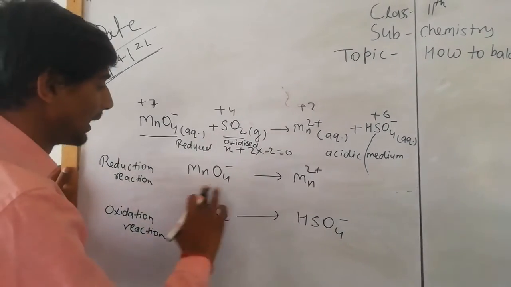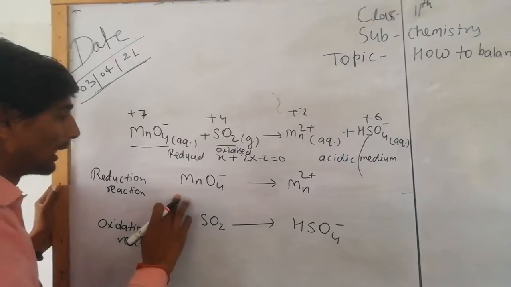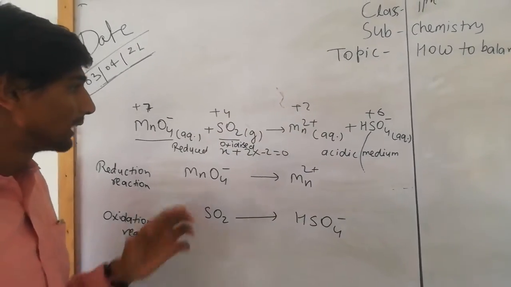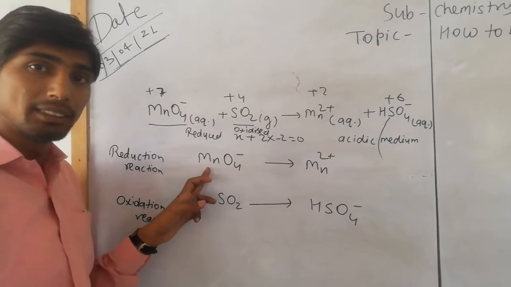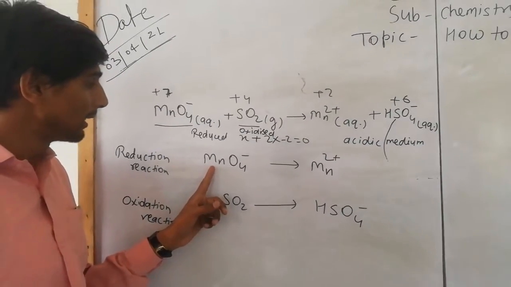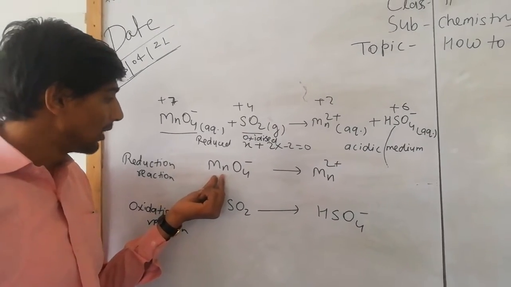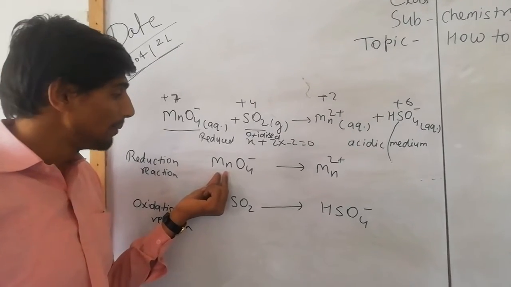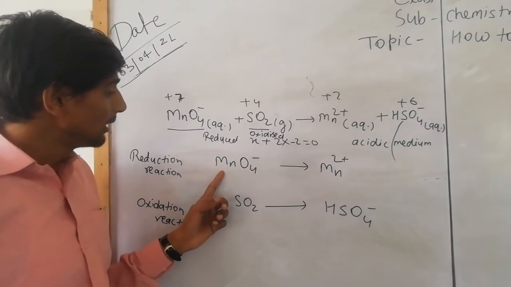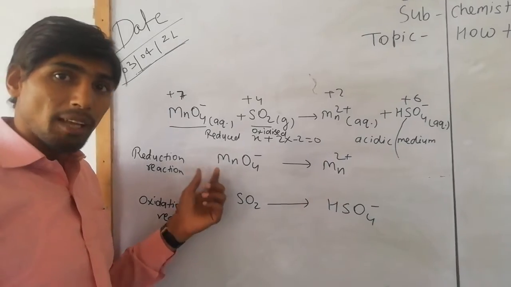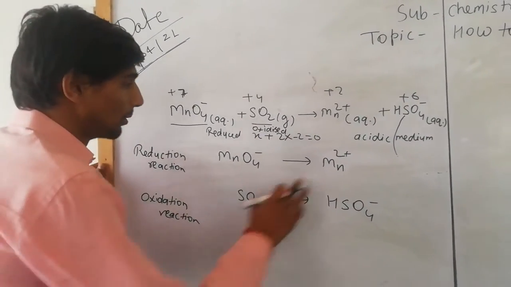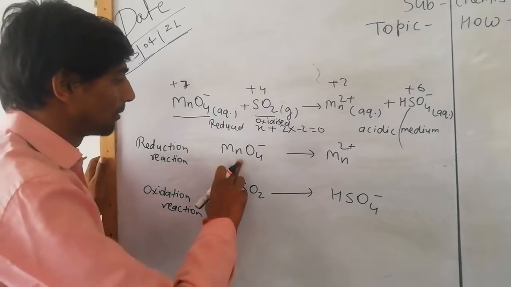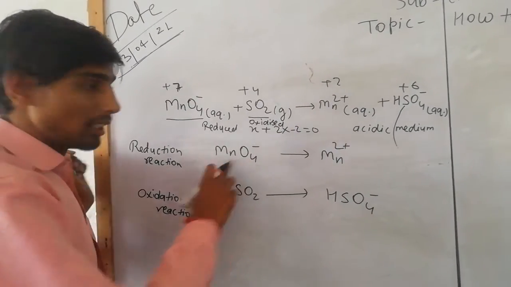Now we are going to balance this equation. First of all we balance the element whose oxidation number changes. Here the Mn is balanced on both sides, so there is no need to balance Mn. So we need to balance oxygen.